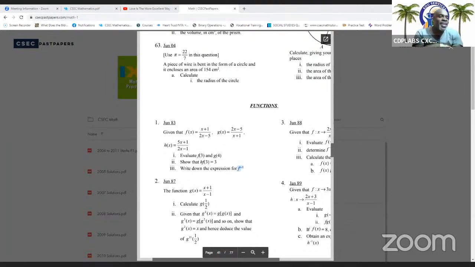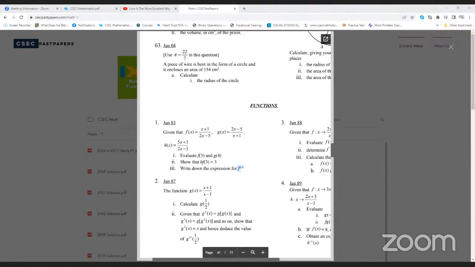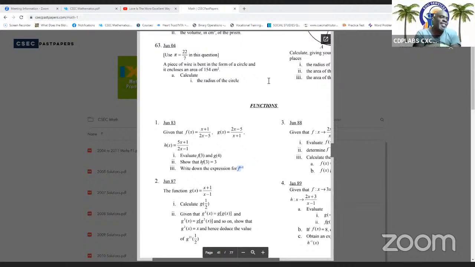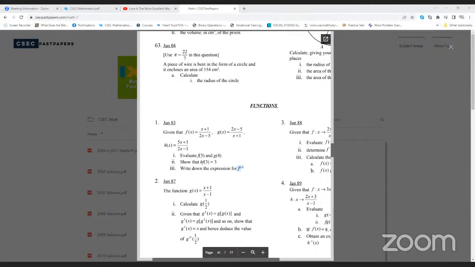Is it long? Yes, the answer is yes. I'm just kidding. But it is longish.